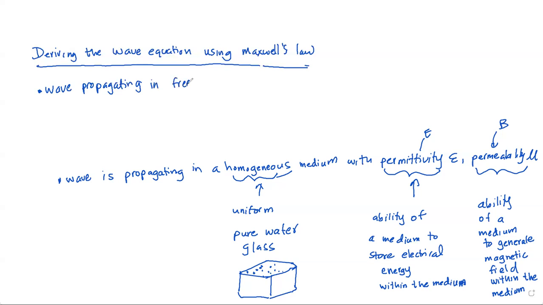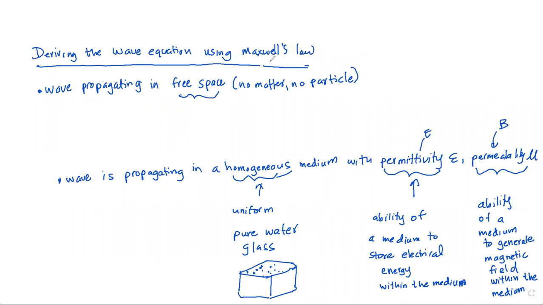The word free space means there's no matter or particles, but free space has the ability to accommodate fields; electric fields and magnetic fields can be present in free space. Free space is like a vacuum, in that there's no particle or matter.